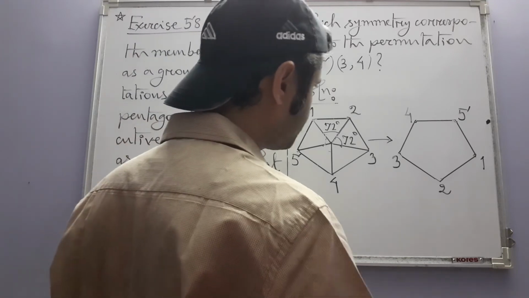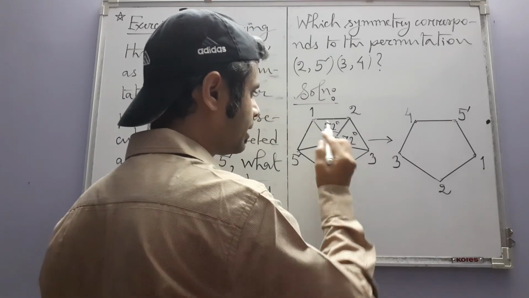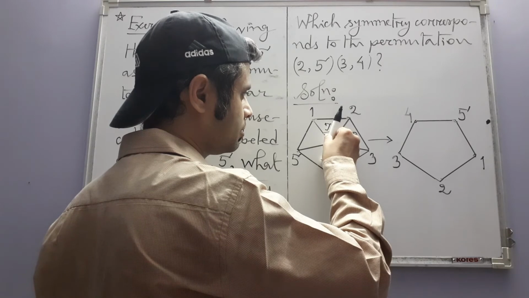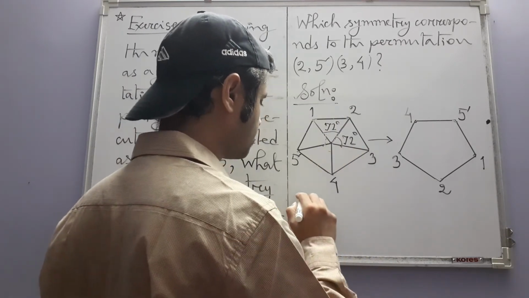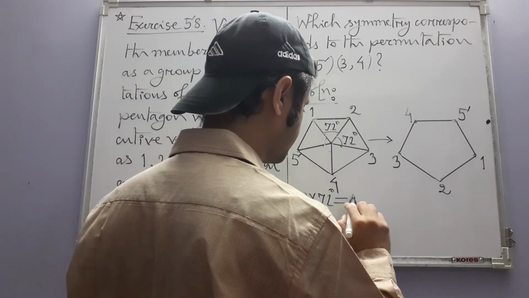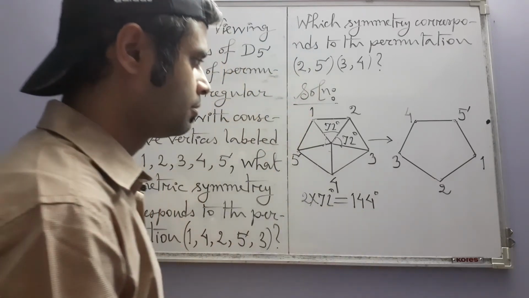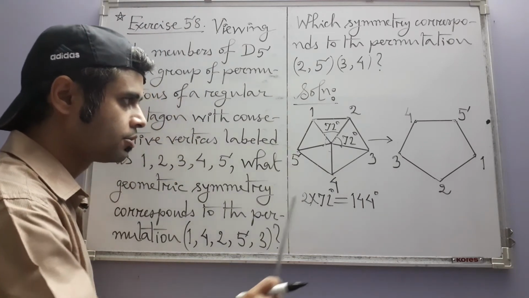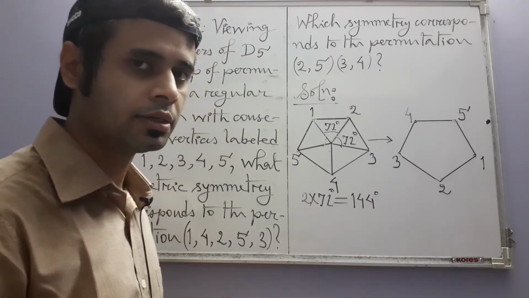So what we are doing here in order to bring this one here is rotating the entire pentagon in the clockwise sense through an angle 2 times 72 degrees, that is 144 degrees. So this permutation corresponds to a clockwise rotation of the pentagon by an angle 144 degrees.